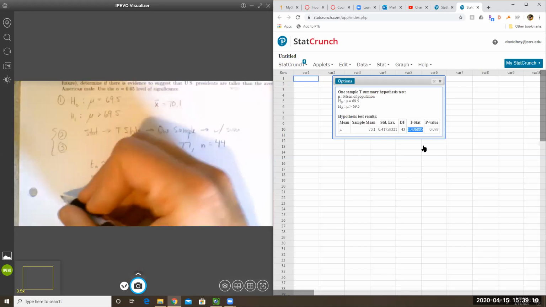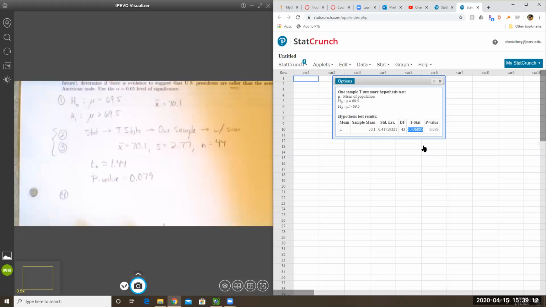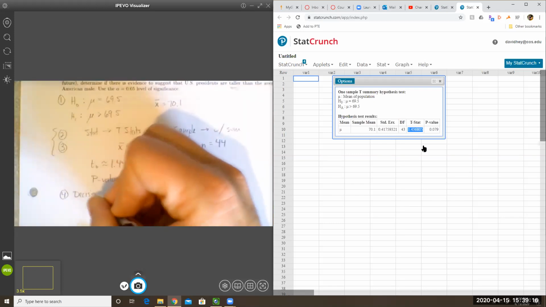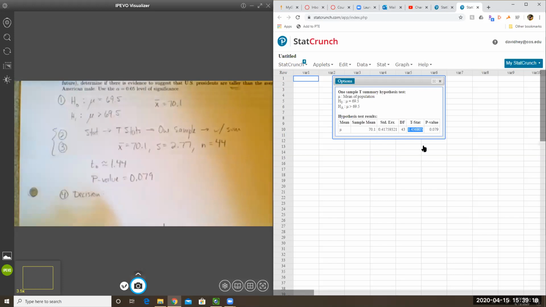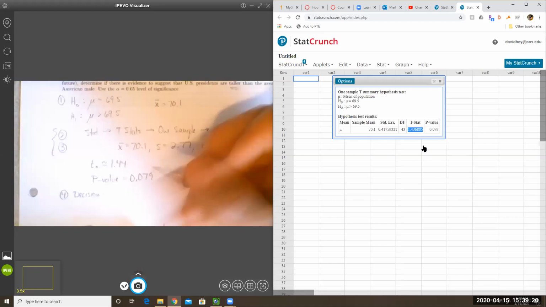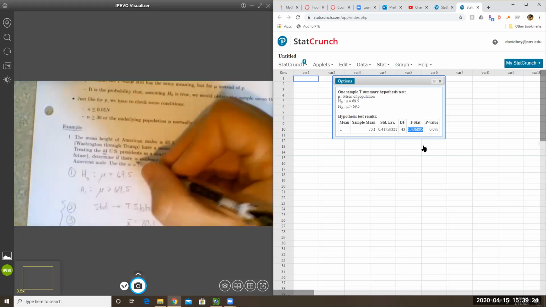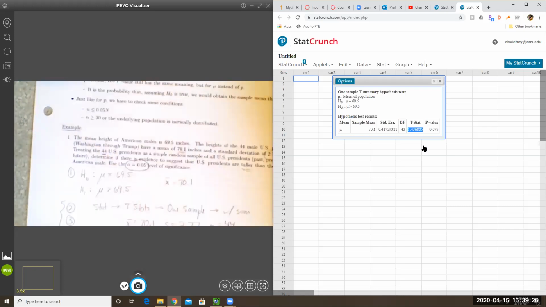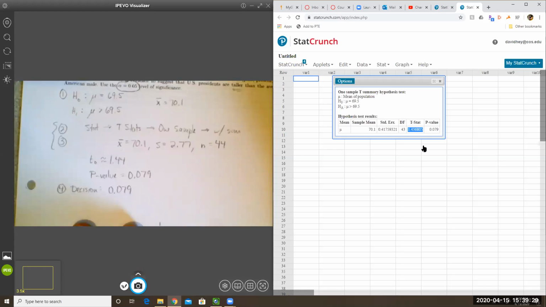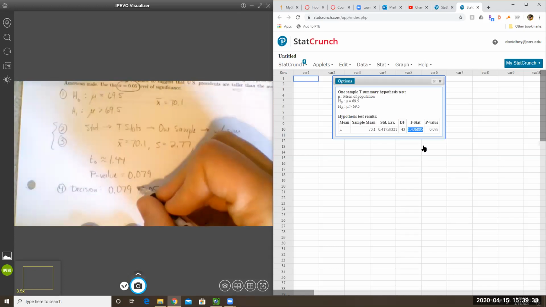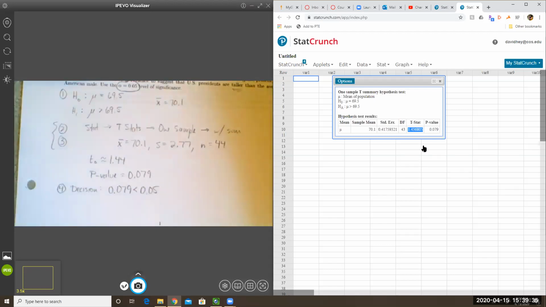Now we use that p-value to make our decision. We make our decision by comparing the p-value to alpha. Alpha in this case was 0.05. If the p-value is less than alpha, we reject the null hypothesis.